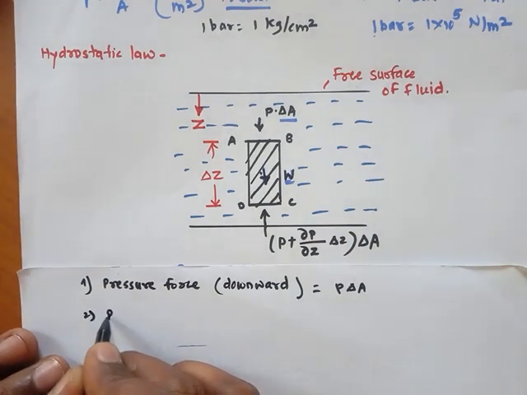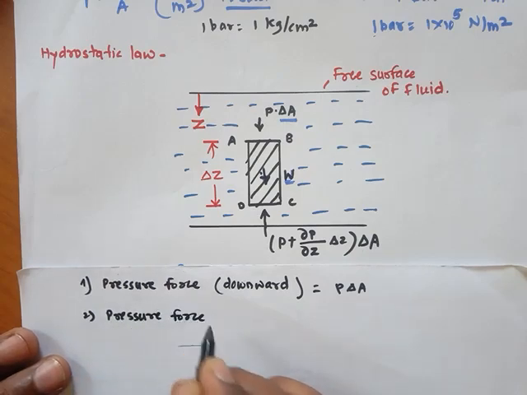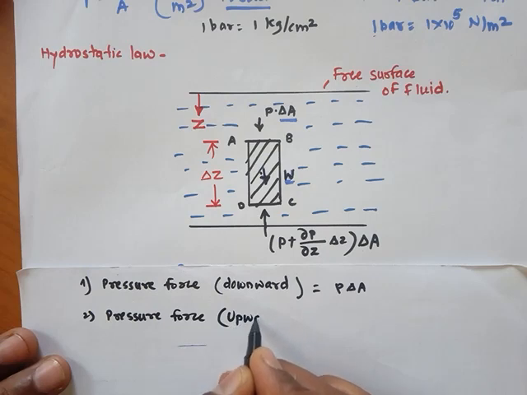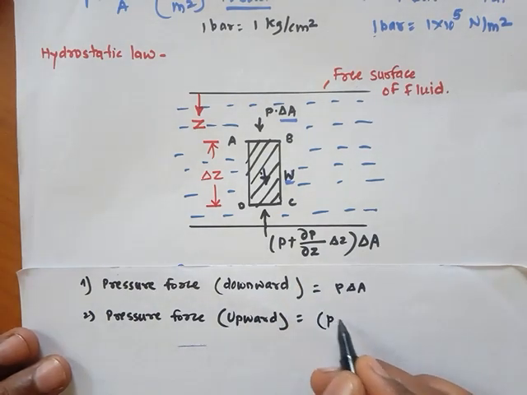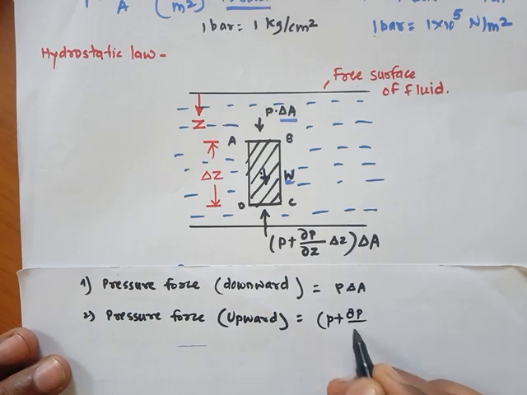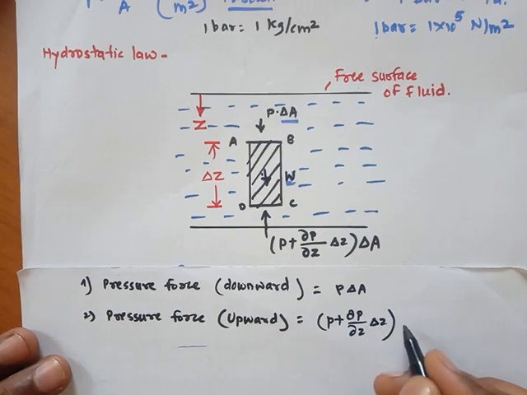The second is the pressure force in the upward direction, equal to P plus change in P according to Z, multiplied with dz, multiplied with the area.